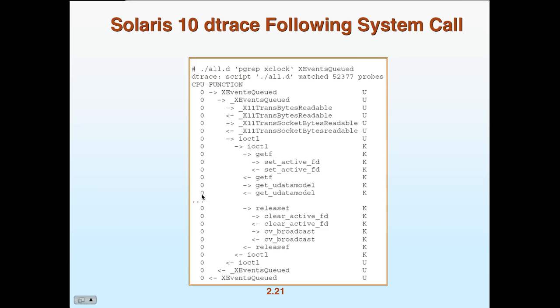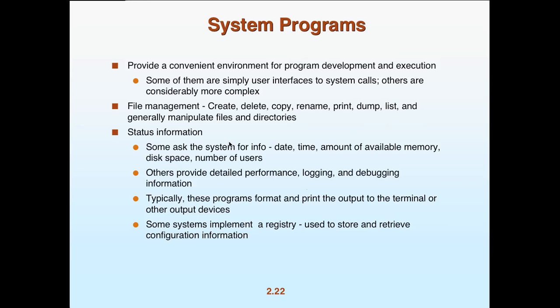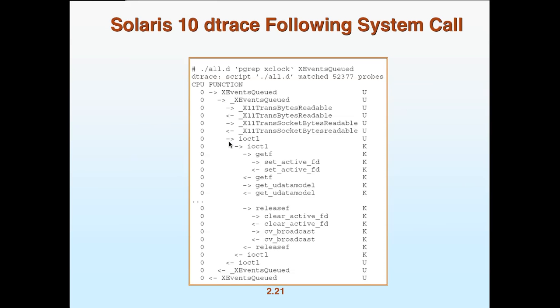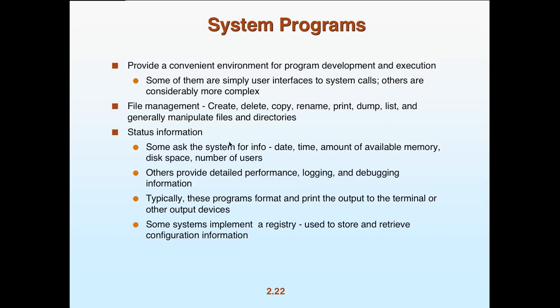And this is an example of a trace of all of the different things that might occur in terms of events that are queued up for that open. For the purposes of this class, you don't need to know what the dtraces look like or what traces are all about or anything of that nature. It's just to illustrate a point that although open is one command, it's really about 15 or 20 smaller kernel level instructions that are being run to actually perform that open, as we're calling it.